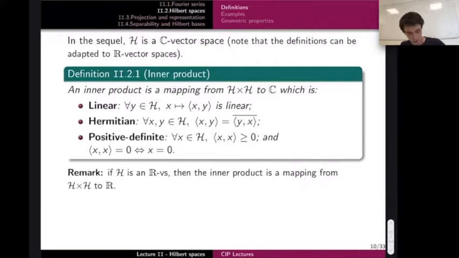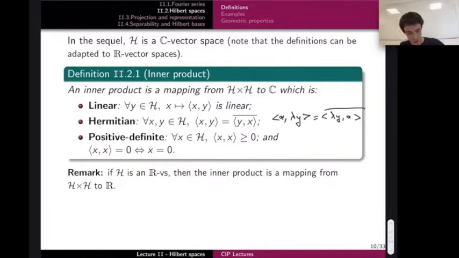In general, that means that, for instance, if I want to compute the product of x and lambda y, where lambda is a complex number, well, by assumption, I only have linearity with respect to the first variable. So what I need to do is use the Hermitian property, which tells me that this is the conjugate of the product of lambda y and x.